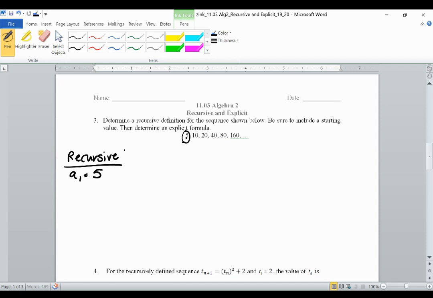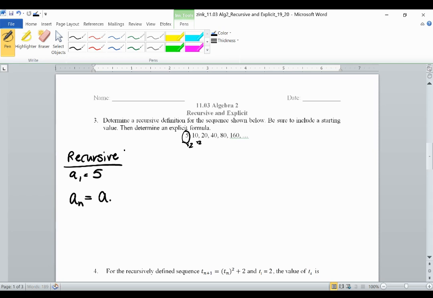Well, to get from a 5 to a 10, I'm multiplying by 2. 10 times 2 is 20. 20 times 2 is 40. 40 times 2 is 80. 80 times 2 is 160. So I'm taking my next term, so let's say a sub n, I'm going to take the previous term and multiply the previous term by 2.